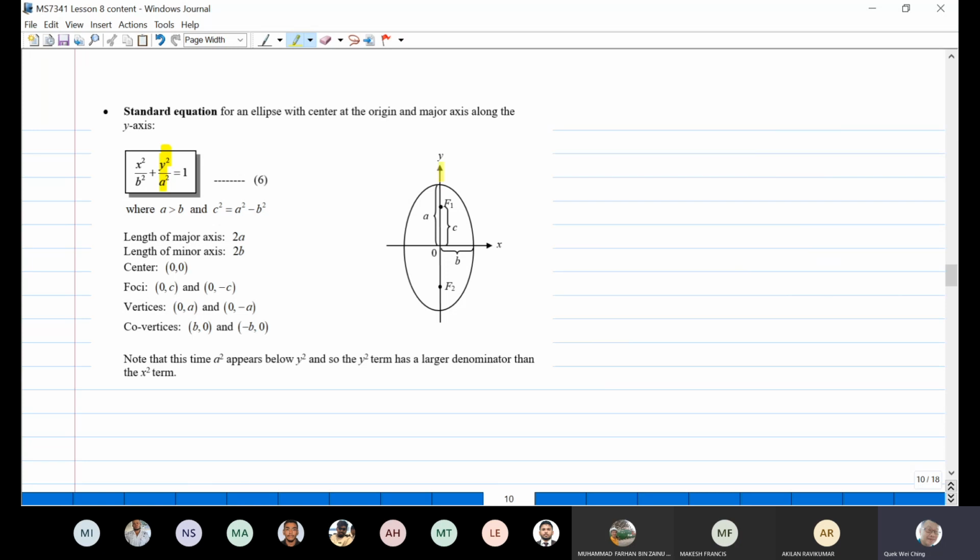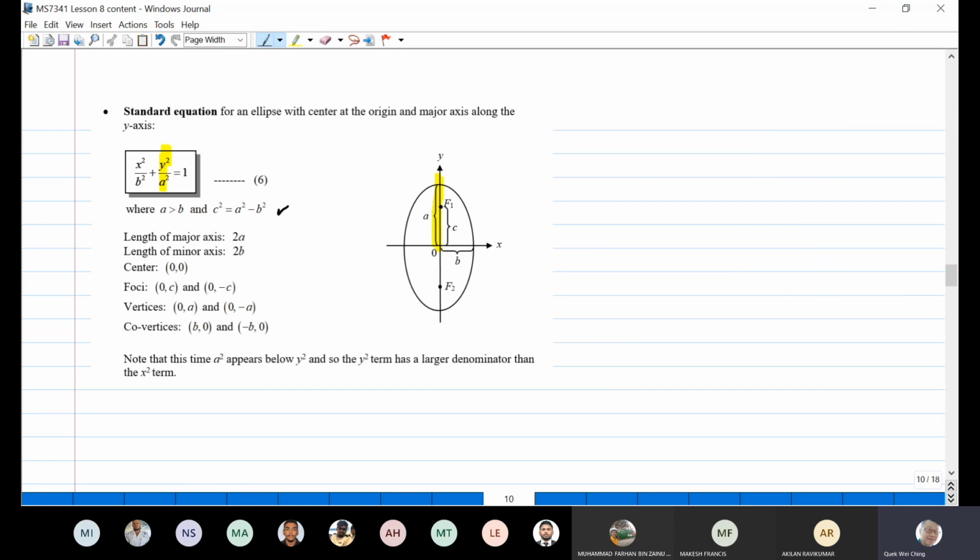So a now belongs under y. Horizontal: a is under x. Vertical: a is under y. So just switch the equation only, right? Otherwise, everything is the same. c squared is a squared minus b squared.